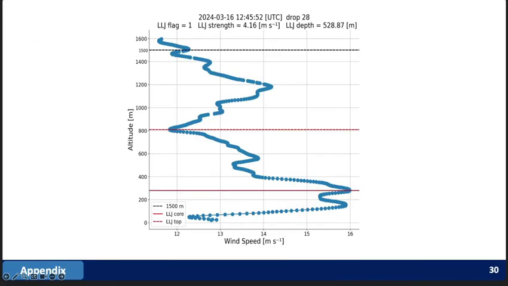Because you've identified the nose, and the depth is really the area around that nose. And what you have above is just decreasing to the free atmosphere, or whatever we want to call this.